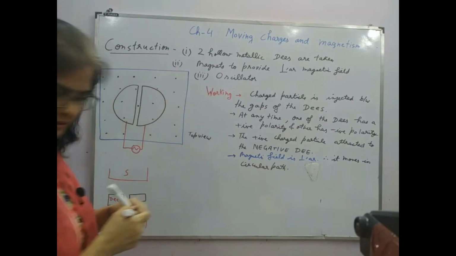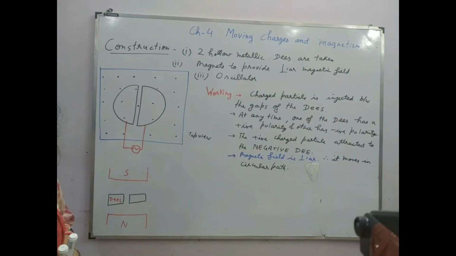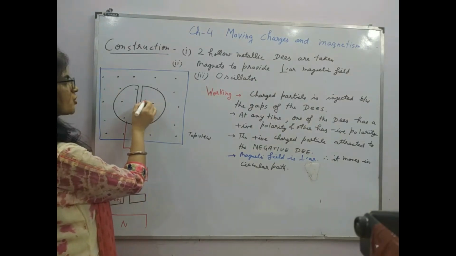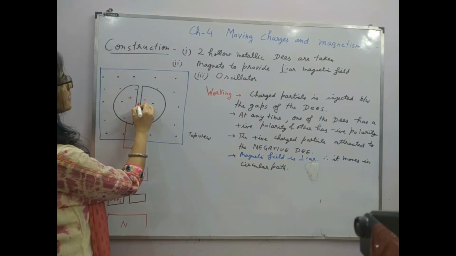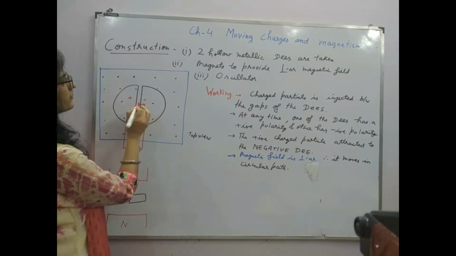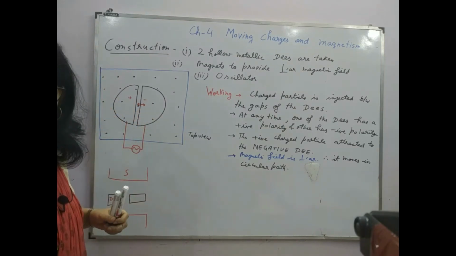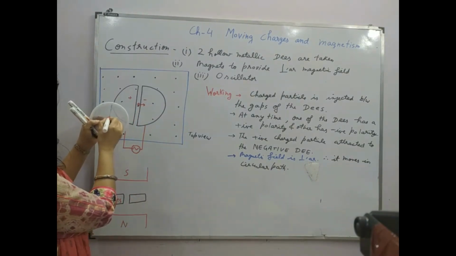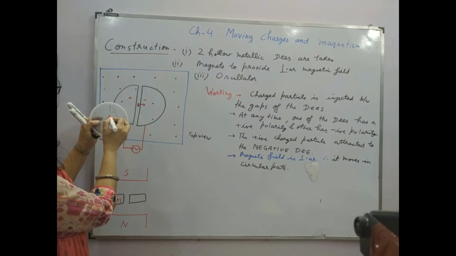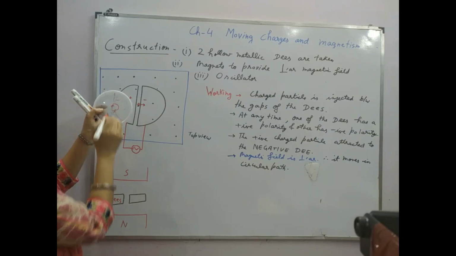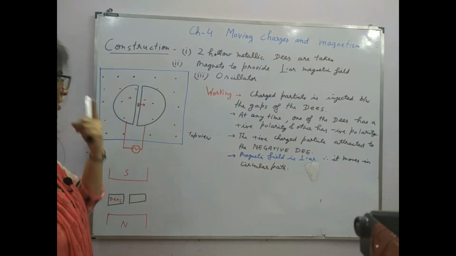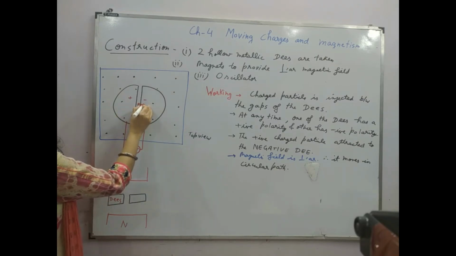So let's mark it here. Suppose this is your positive charge. The polarity at any time, initially, this is negative polarity, this is positive. So it will enter here. Now the magnetic field is perpendicular. It is placed here in this gap and attracted towards this D. But since the magnetic field is perpendicular, it will move in a circular path. The direction can be found by Fleming's left hand rule.